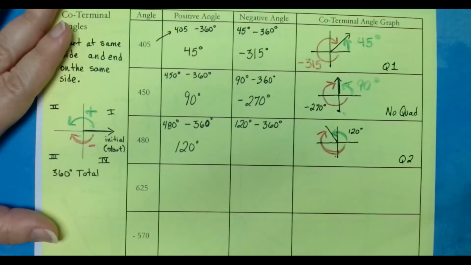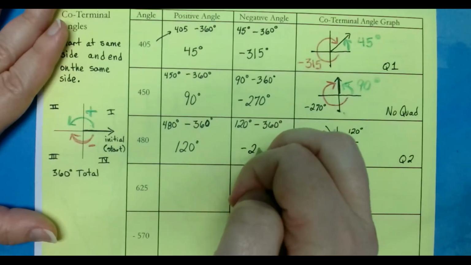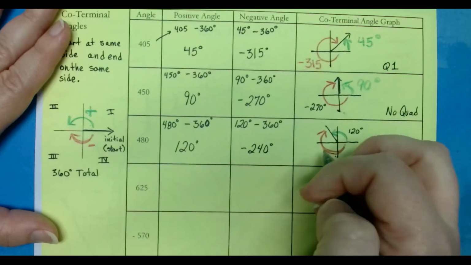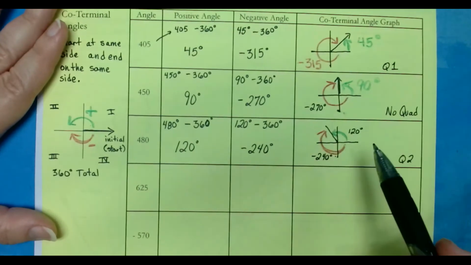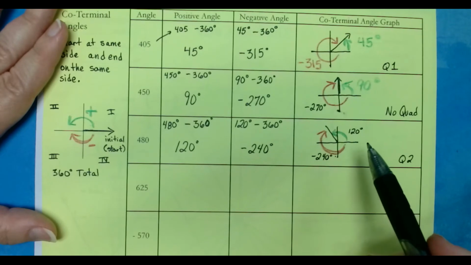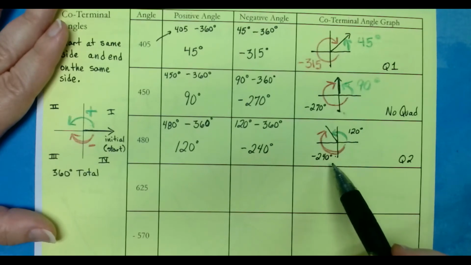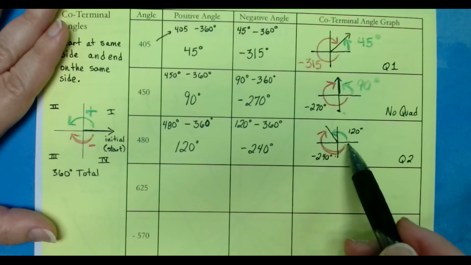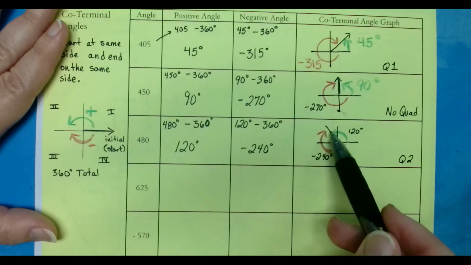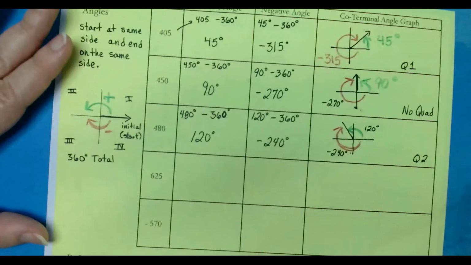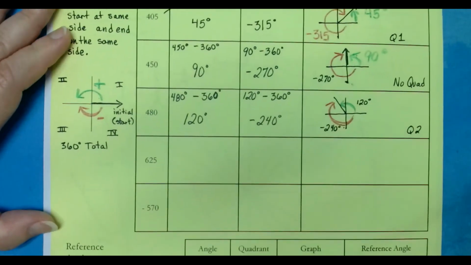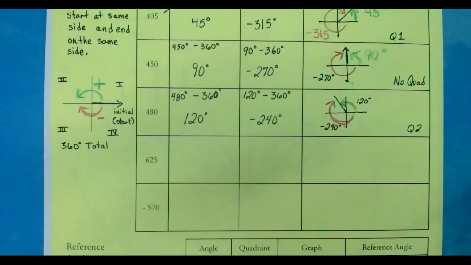So 120 minus 360 is negative 240. So this would be negative 240 degrees. Notice if I do a positive 120 degrees or a negative 240 degrees, both starting at 0, they're going to end at the exact same point in quadrant 2. And that's what we're talking about with coterminal angles. They end at the exact same position.